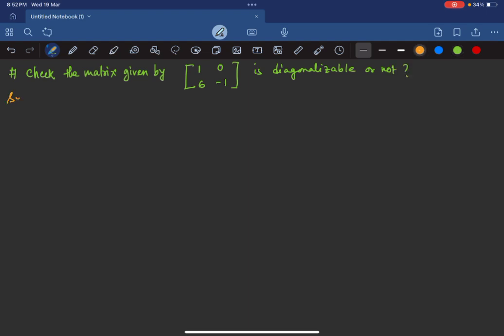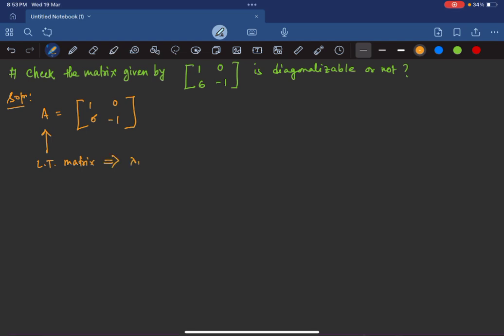Okay, this is the question. So solution: here A is this matrix 1 0, 0 minus 1, rather 1 0, 6 minus 1. Here 6 you have, so A is a lower triangular matrix, lower triangular or upper triangular matrix or diagonal matrix.